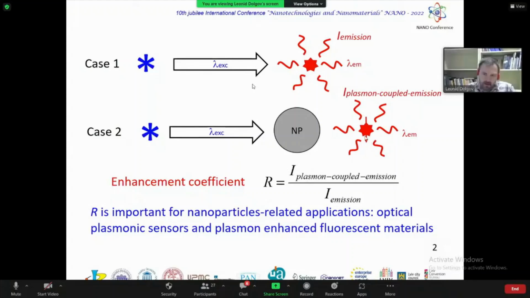It means that near the emitter, which can be some fluorophore or some scattering center that gives Raman scattering, we have a metal nanoparticle, and this system interacts. In the numerator we have this plasmon coupled emission intensity, and in the denominator we have the intensity from the emitter which shines without the nanoparticle.